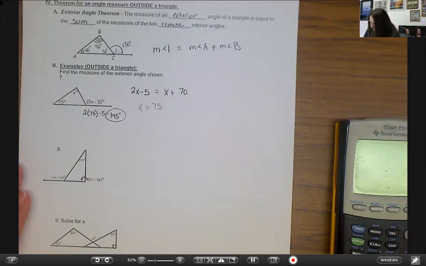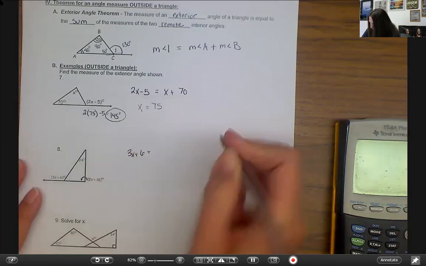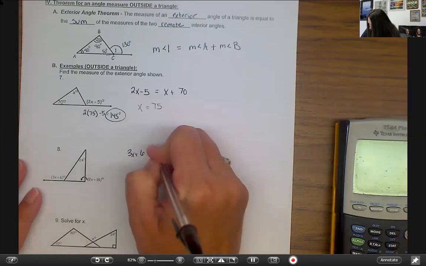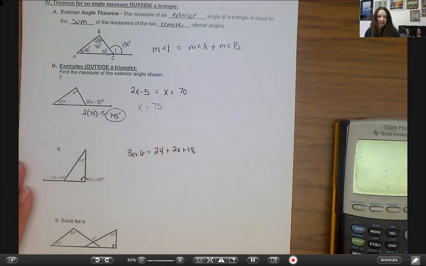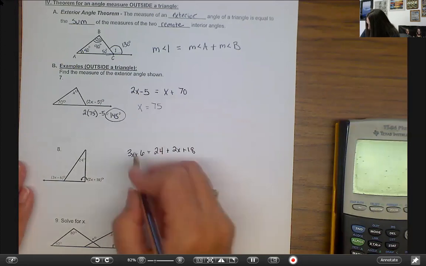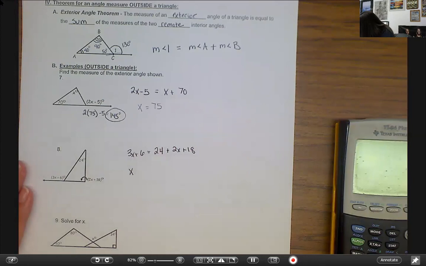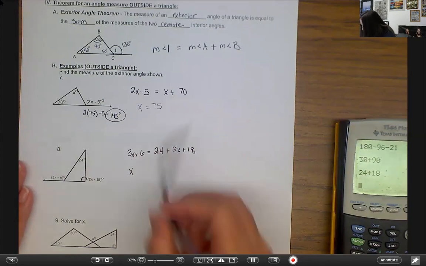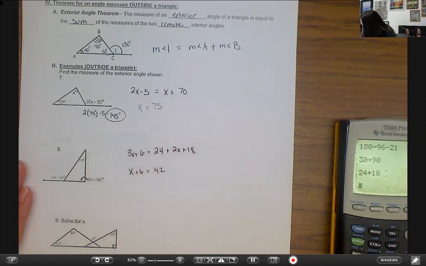All right, same thing with number 8. My equation should then be exterior angle of 3x plus 6 equals the sum of the other two interior angles. Subtract 2x, we'd have 1x. I want to put 24 and 18 together because those are like terms. That would give me 42.